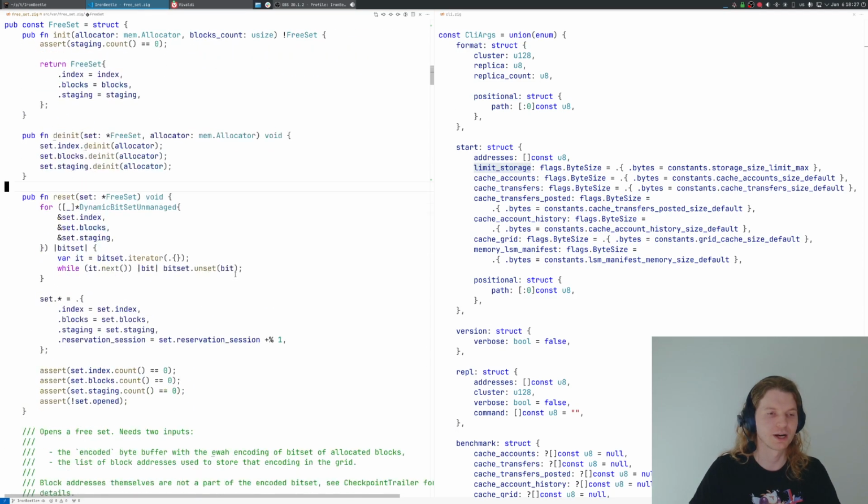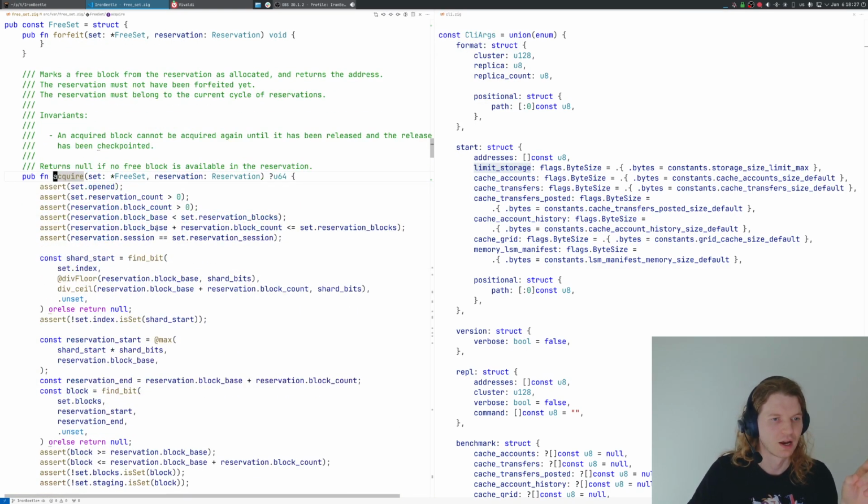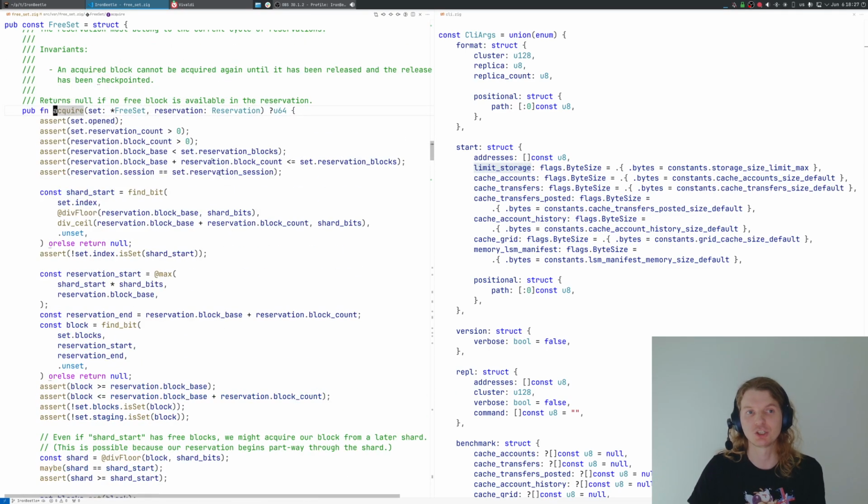So when you try to acquire a block, there is no place where we try to grow the bit set, because we don't even have an allocator here. Given the Zig API, we cannot physically expand the amount of RAM we allocate for the FreeSet.